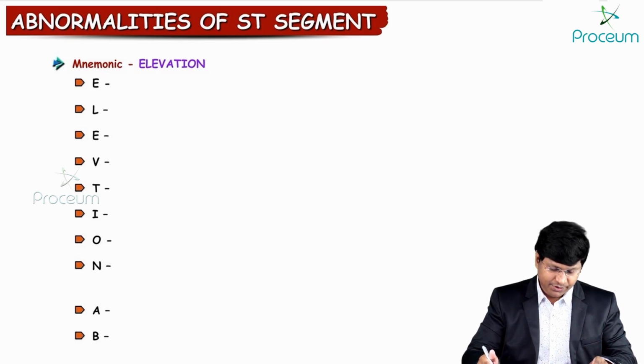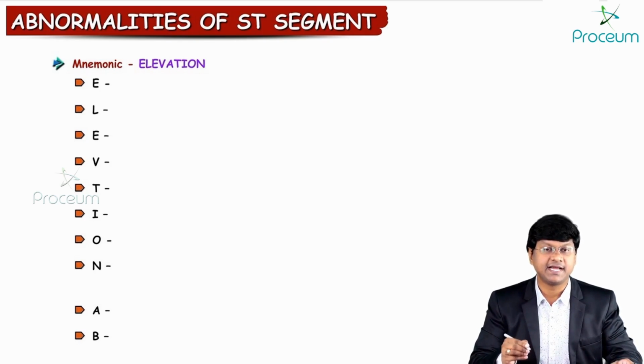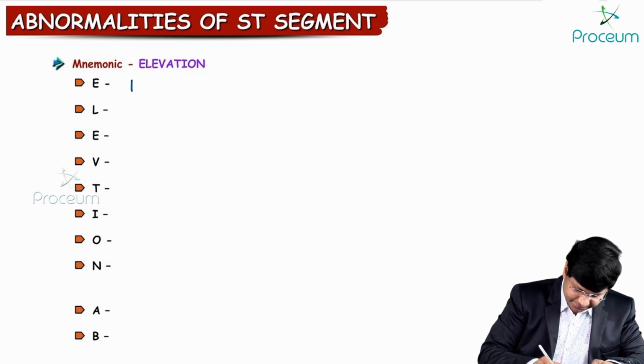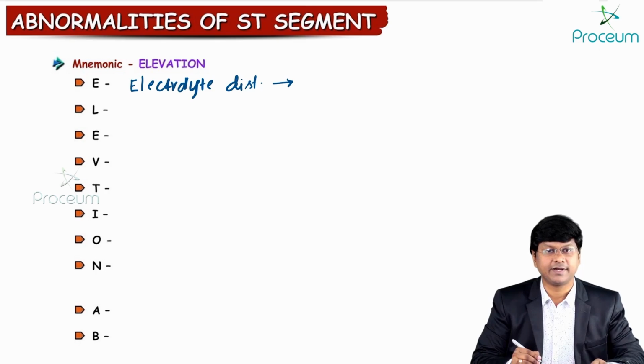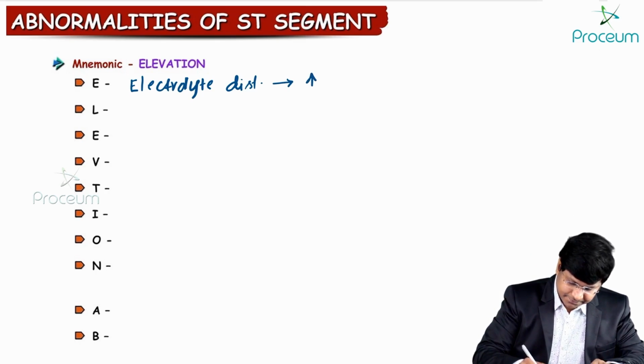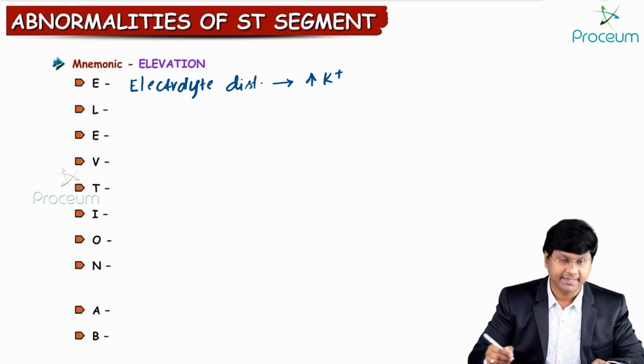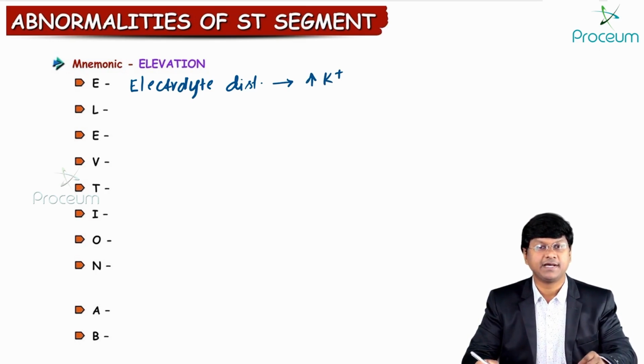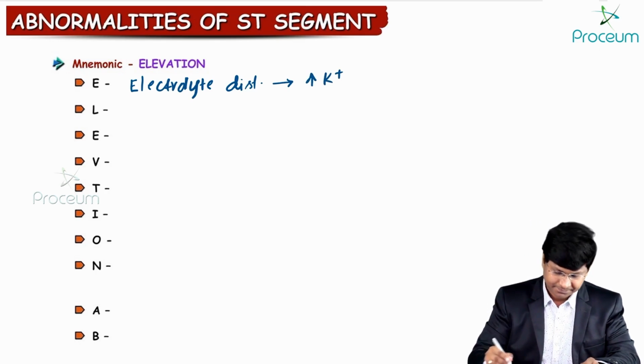So out of this you take the word E. It stands for electrolyte disturbances. And this particular electrolyte disturbance includes hyperkalemia. So in hyperkalemia, you have the ST segment elevation.